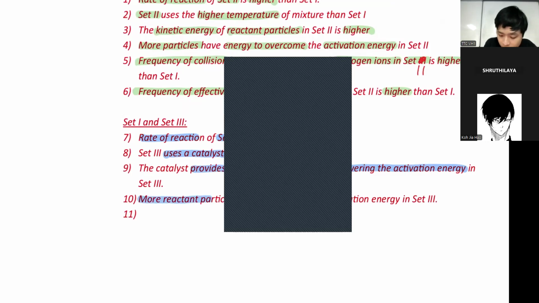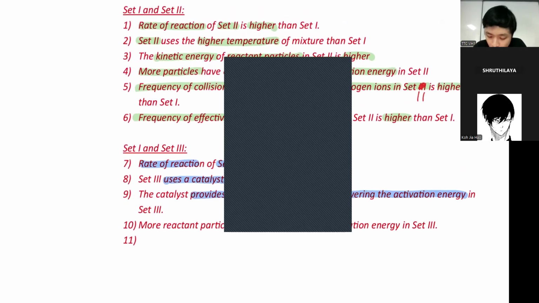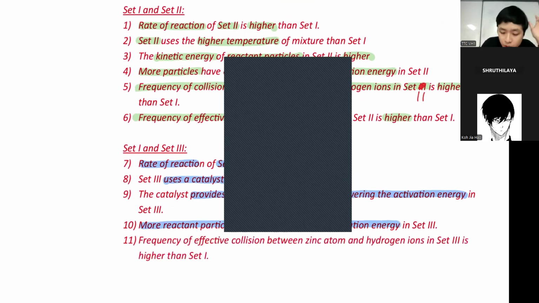More reactant particles, you can even say more zinc atoms and hydrogen ions, are able to achieve activation energy. This point is important also. Then you say the frequency of effective collision between zinc atom and H+ in set 3 is higher.